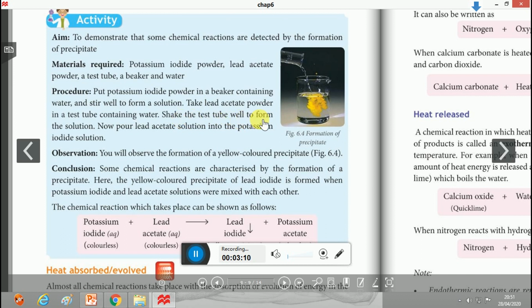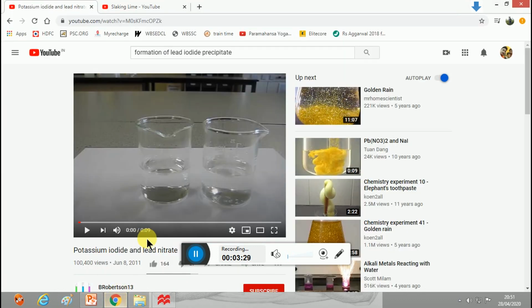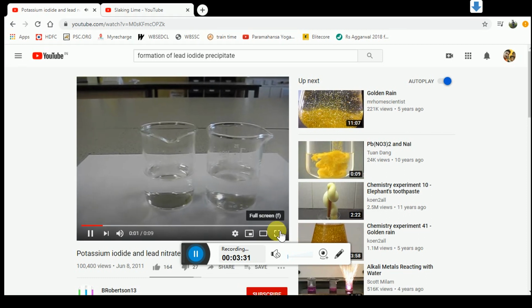Shake the test tube well to form the solution. Now pour the lead acetate solution into the potassium iodide solution, not the potassium iodide solution into the lead acetate solution. What you will observe, we are going to show in this video.